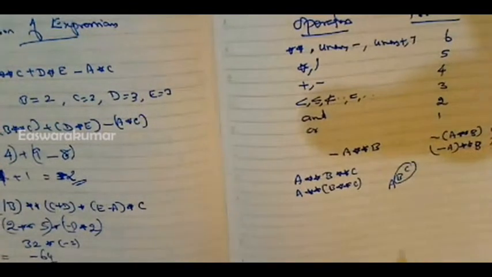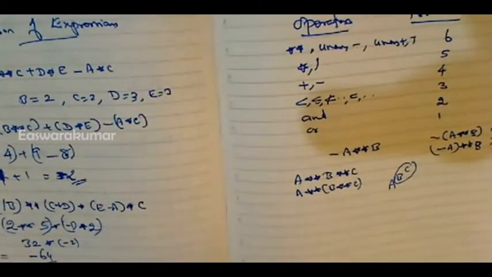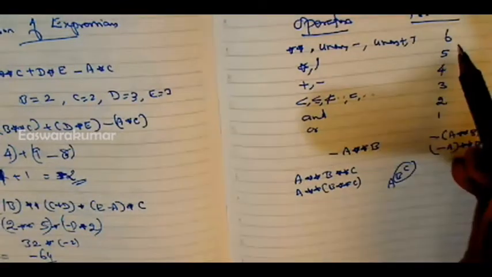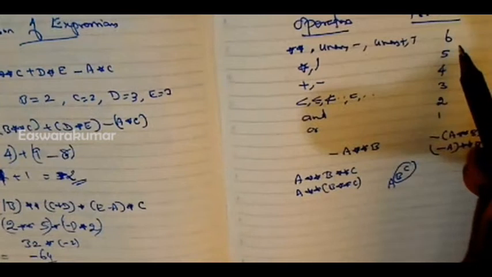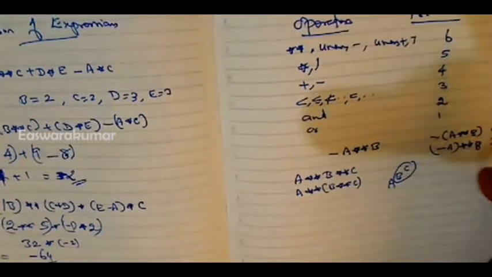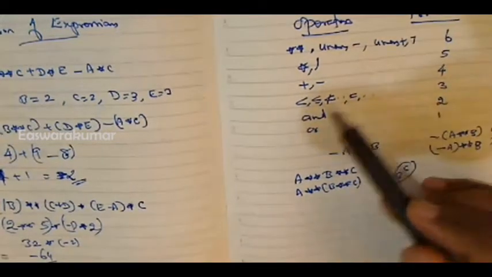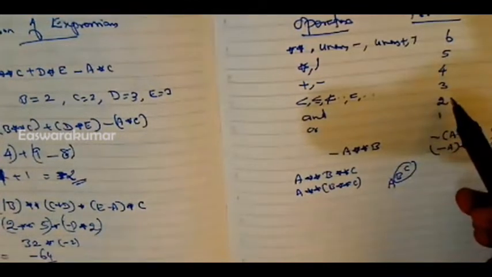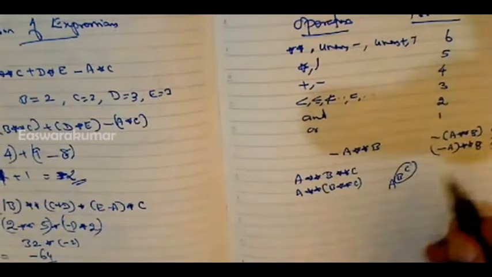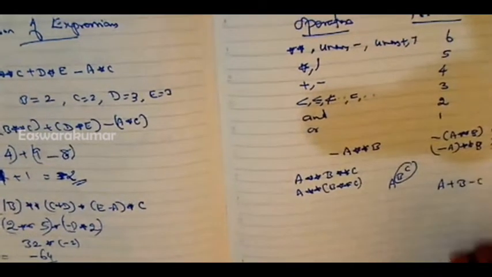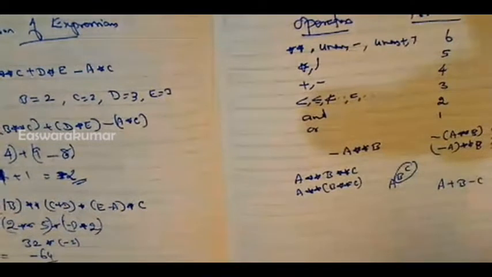So now we define a rule. The rule says that if the same operators come with priority number 6, for all the operators with priority number 6, the evaluation will be from right to left. And for the remaining priorities, the evaluation will be from left to right. That means if we have A plus B minus C, plus and minus have the same priority, right?